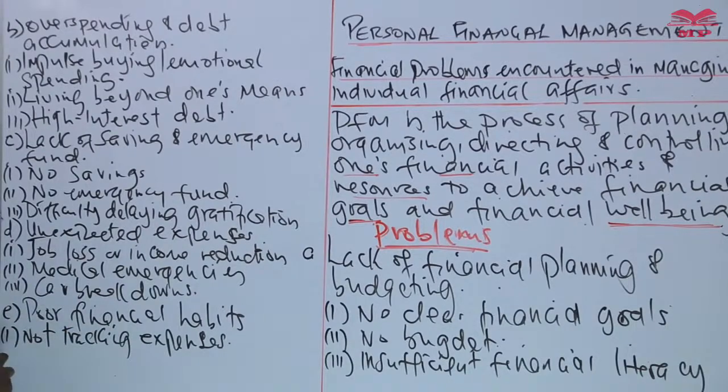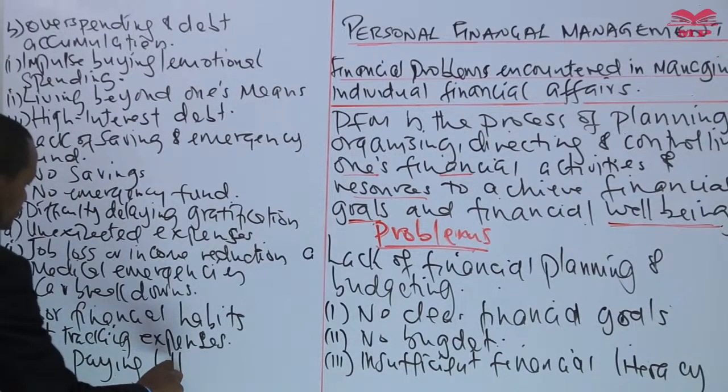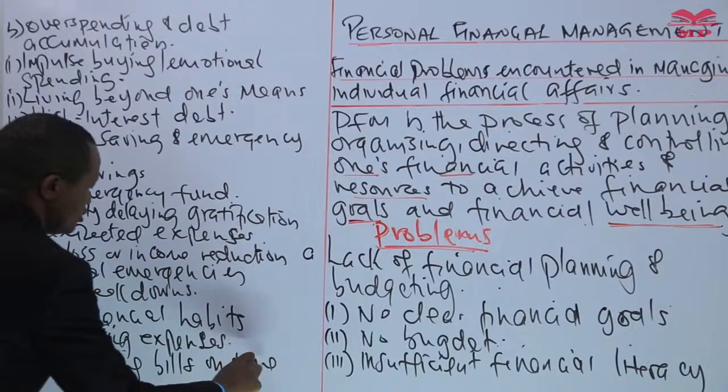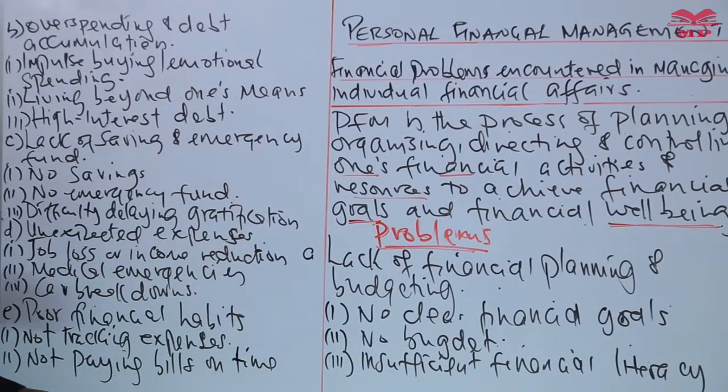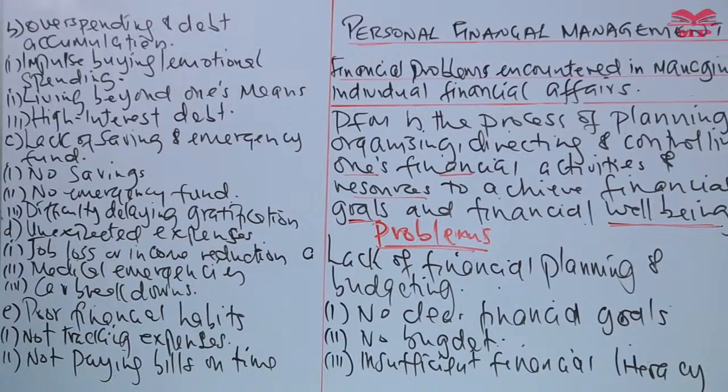Number 2, not paying bills on time. Not paying bills on time is a poor financial habit. Fees.